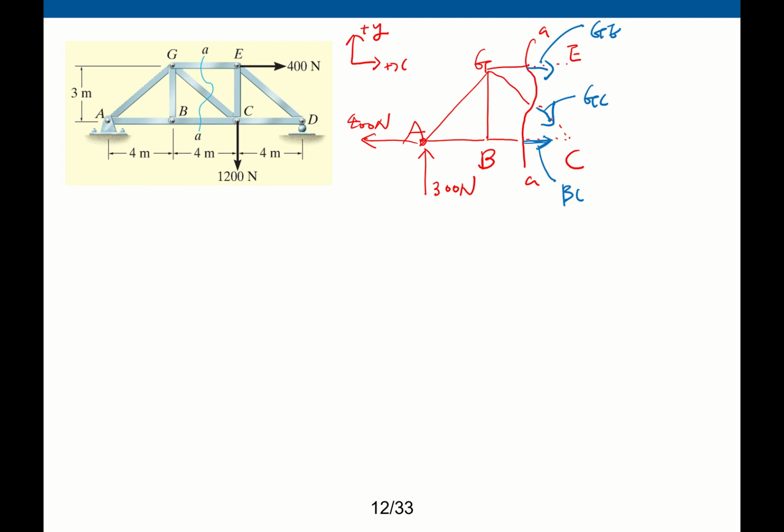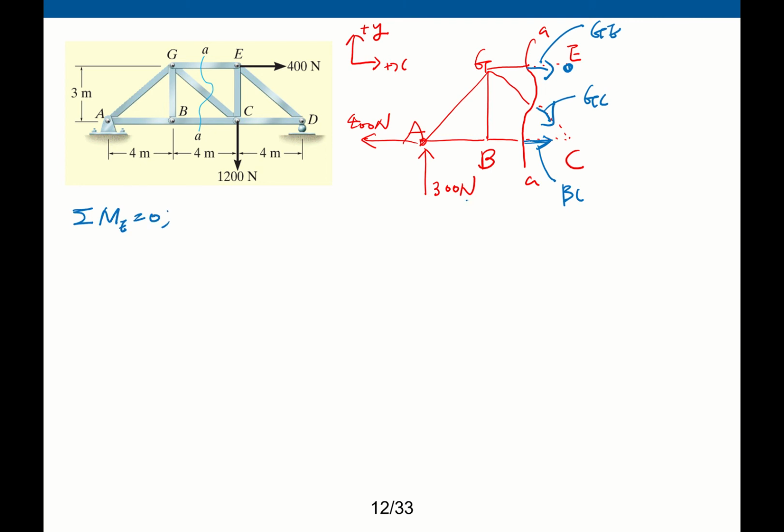The question is, which point should we choose to find one unknown force directly? For example, if I choose point E, let's calculate the sigma moment at point E equal to 0.